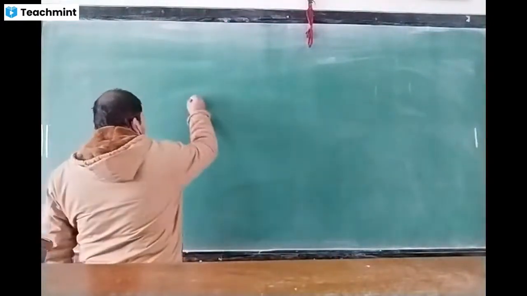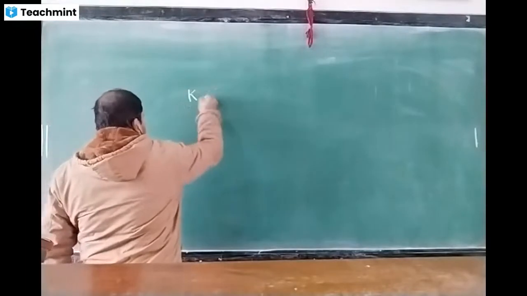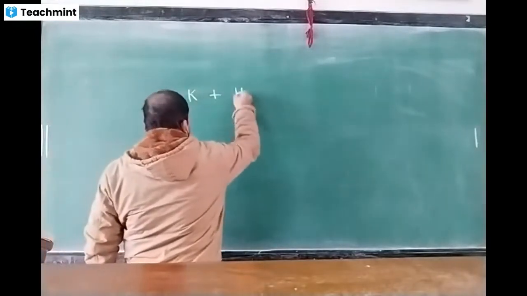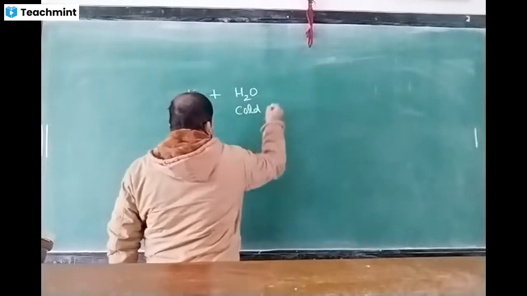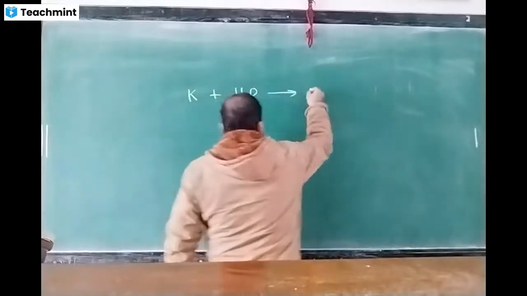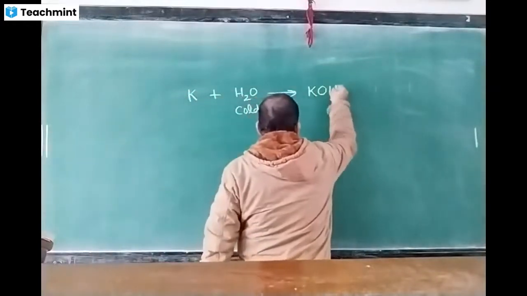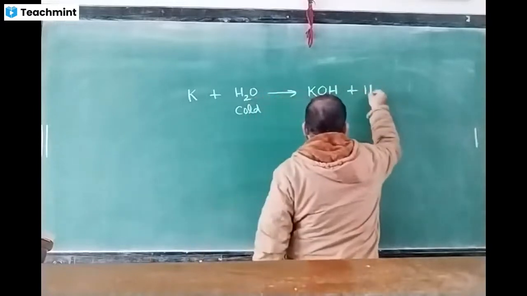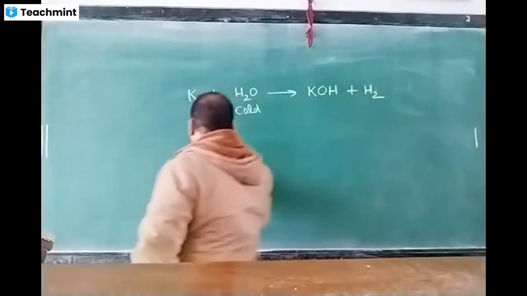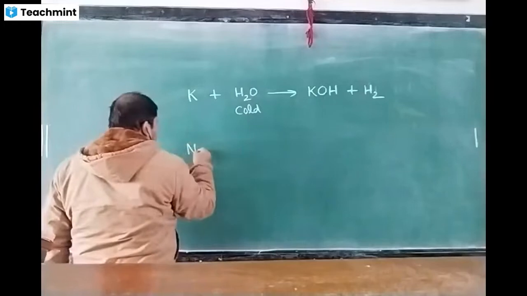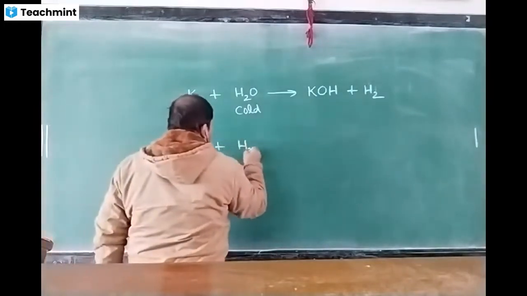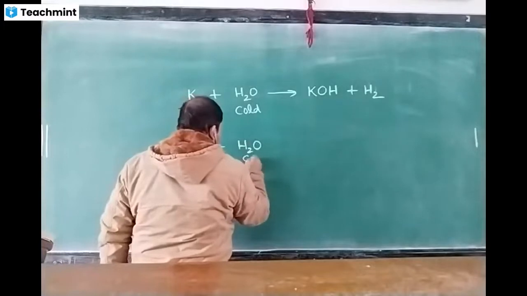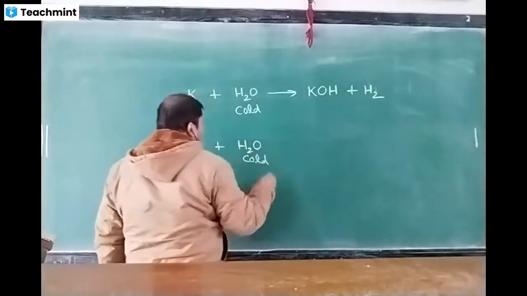For example, if we take potassium, potassium reacts with cold water, and we get potassium hydroxide, KOH, plus hydrogen gas. If we take sodium, the second most active metal, sodium reacts with cold water, and it is necessary to write cold water here.